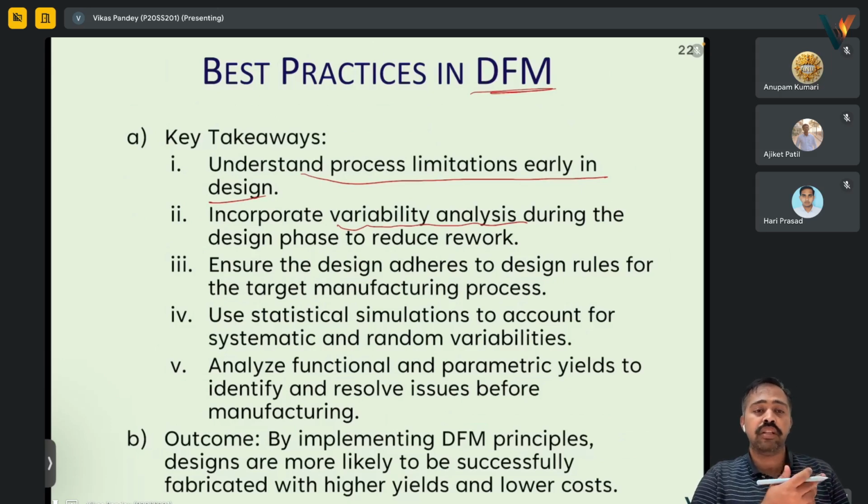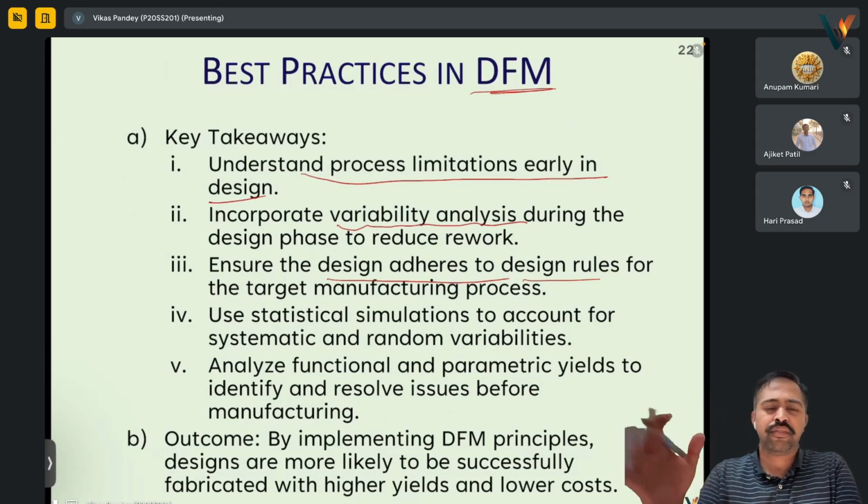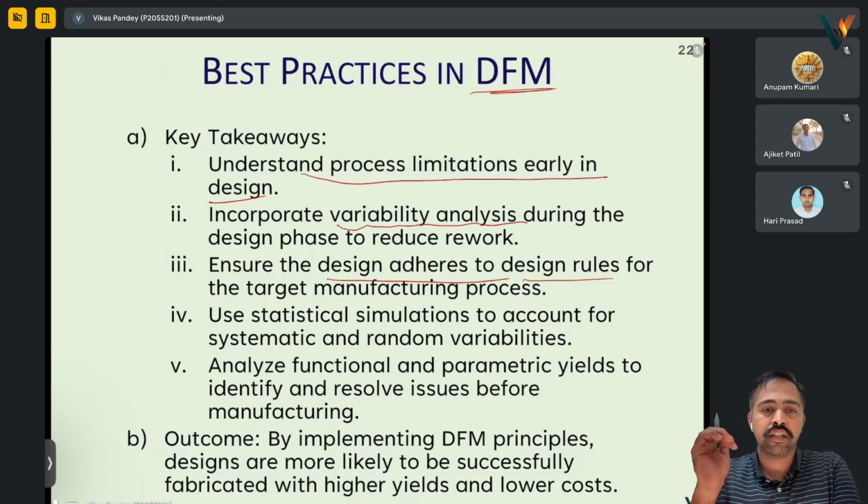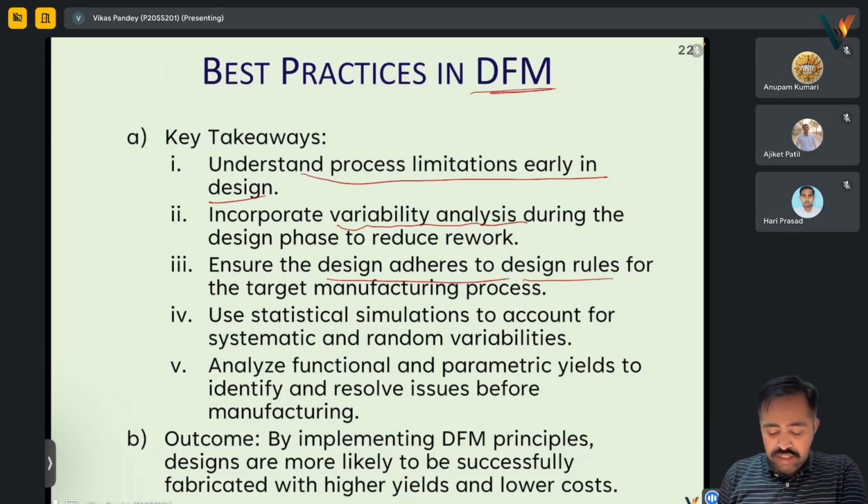That reduces the rework. Ensure that the design adheres to the design rules for the target manufacturing process. It should not be relaxed. We have to adhere to our design rules and use statistical simulations to account for systematic and random variabilities.